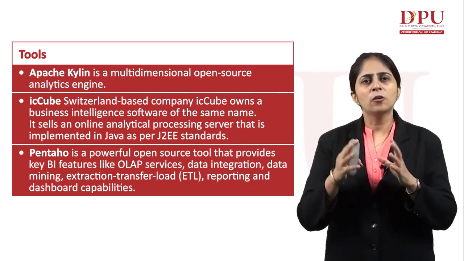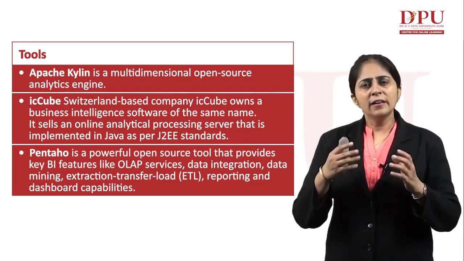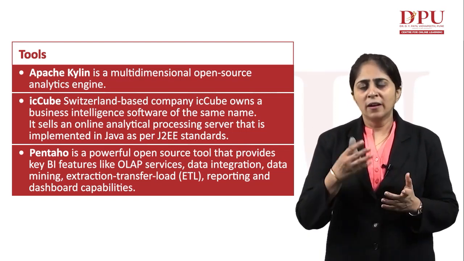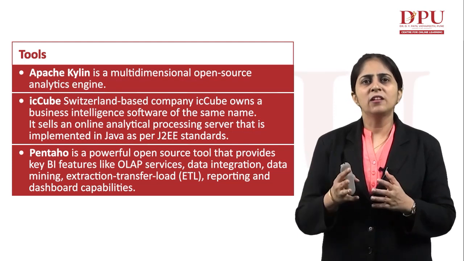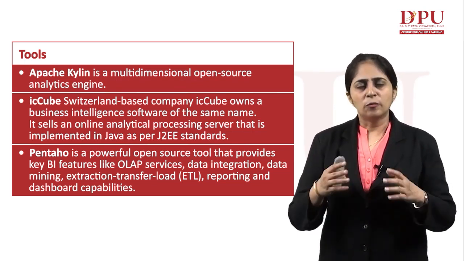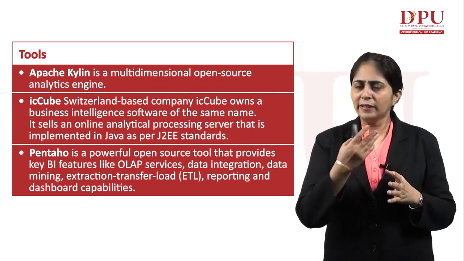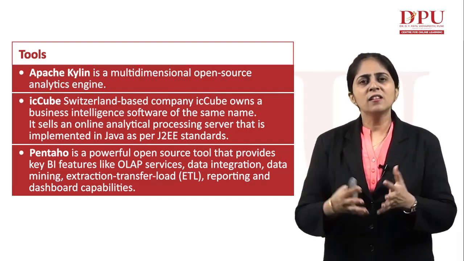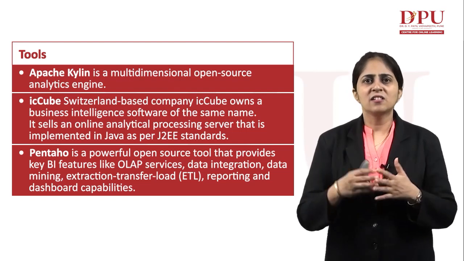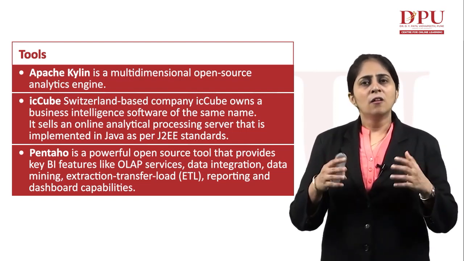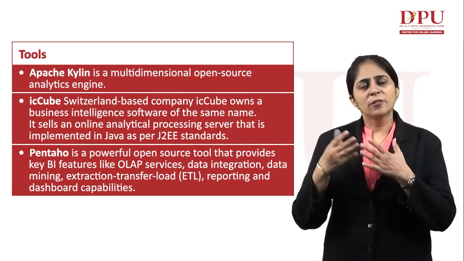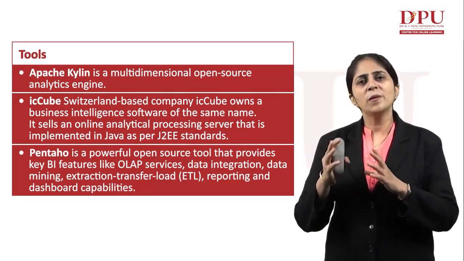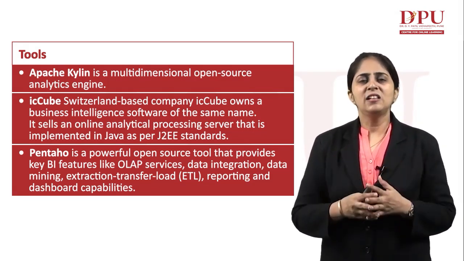It is also built on the Java platform and it can work with Windows, Linux and Mac operating systems. Any of these operating systems can use this Pentaho tool. So we can run Pentaho on any of our operating systems and make use of the various OLAP services like integration, like the mining of data, for the purpose of reporting, for the purpose of dashboard capability. This can be used and it is an open source tool, so we can easily use it.